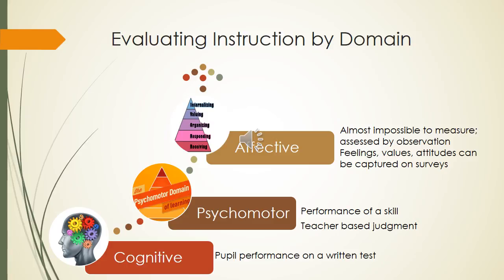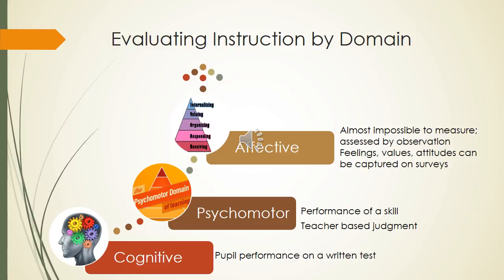Typically, it's done by observation because we're looking at feelings, values, and attitudes. And it's difficult to capture those on a survey because survey data is very unreliable. So the affective domain really is one that we don't measure because there are not instruments to capture that kind of data.